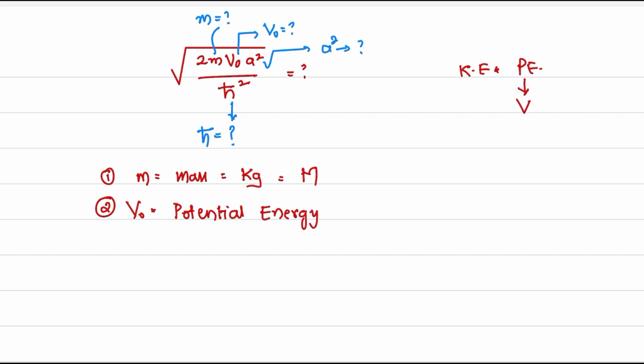Potential energy is represented by the capital letter V. V0 is the initial potential energy, Vi is the initial potential energy, Vf is the final potential energy. Then regarding the potential energy, what are its dimensions? What is the definition of potential energy? I have already told you in the previous classes on vectors: F dot S is equal to energy.